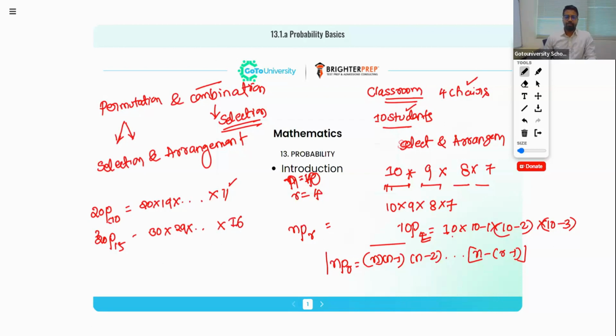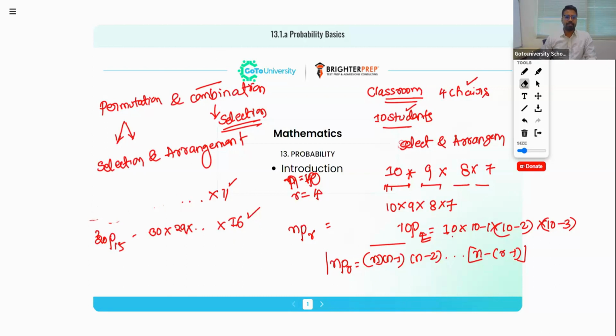So to make it more simple, let me take another example, instead of 10 chairs for students. Let me erase this. What if the numbers are bigger?